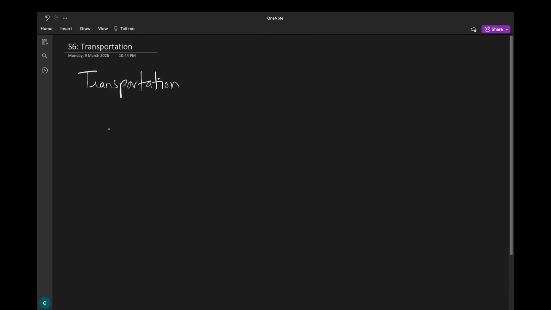So we have point A and then we have point B. This is origin and this is destination. So the movement of goods from A to B, that is from one location to another, is transportation. Simple concept, right?